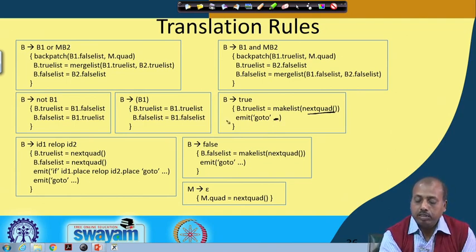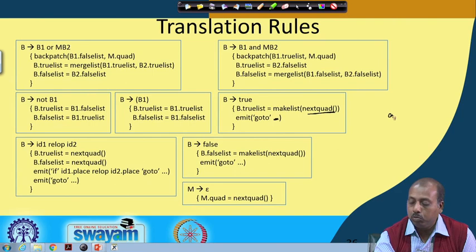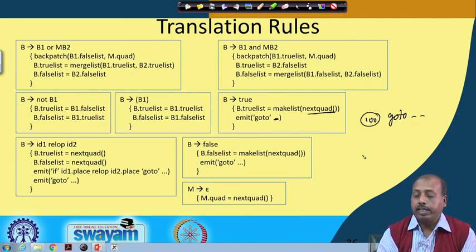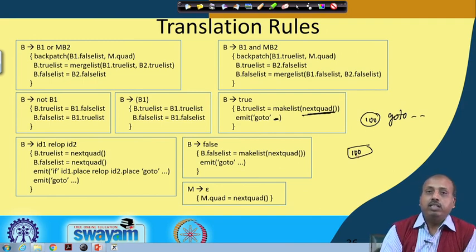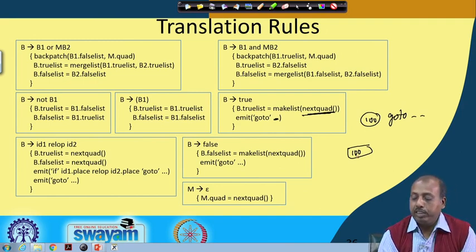So, wherever this goto is generated, this particular quad, if it is quad number say 100, is a place where I have to do the correction. So, this make list next quad will make a list with 100 as one of the entries. Now, there may be several other points that will come where B is definitely true.